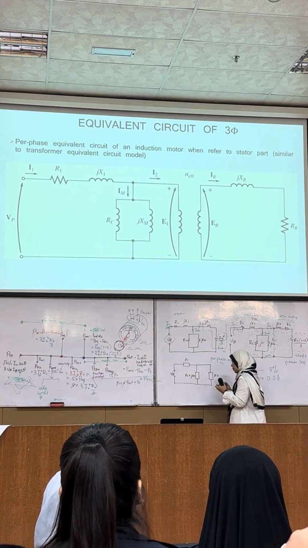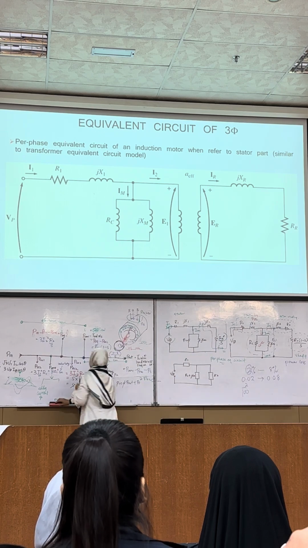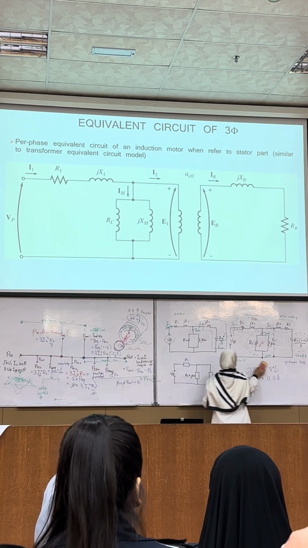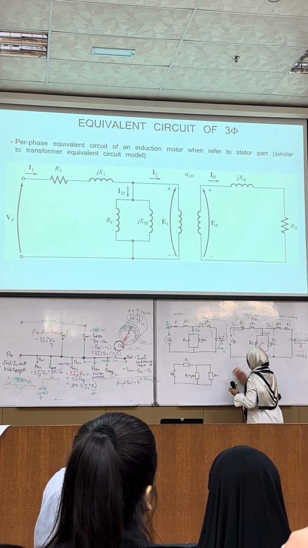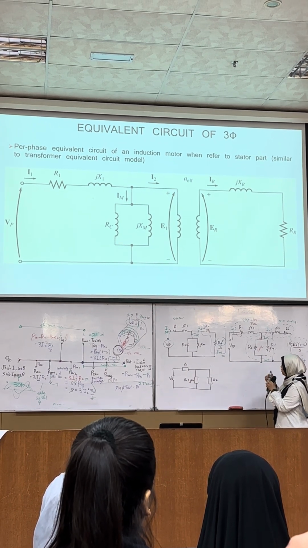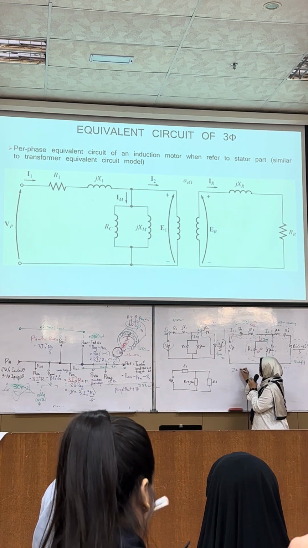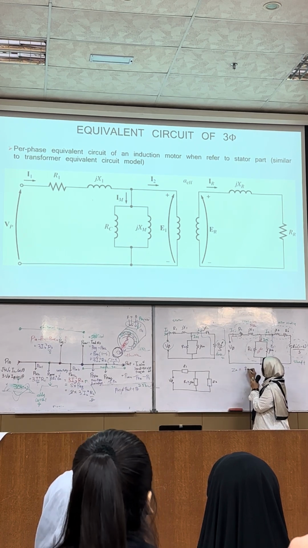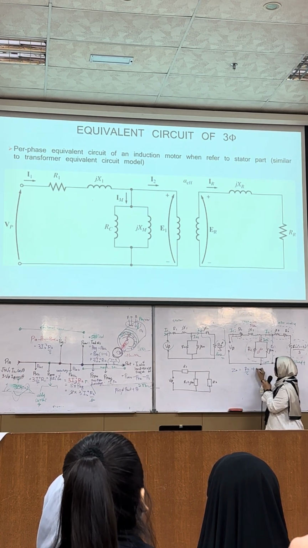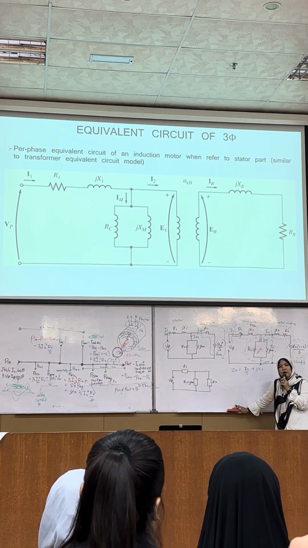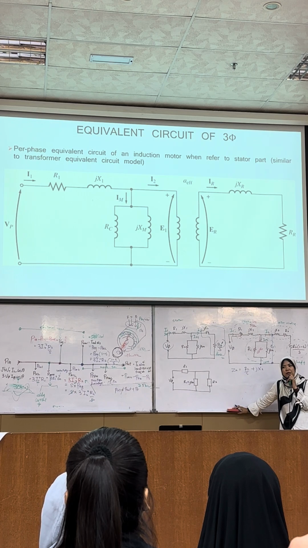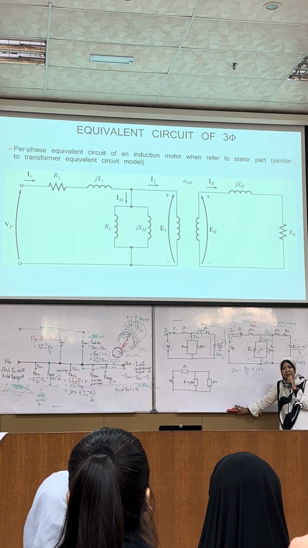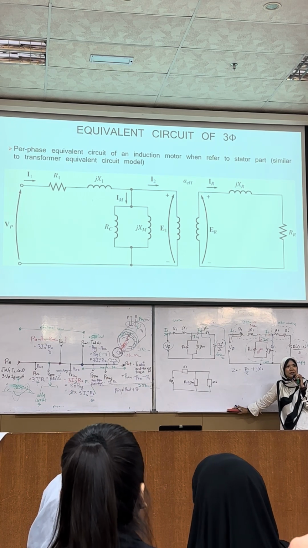Okay. So your rotor impedance is Z2 equals R2 over S plus JX2. Okay, for this exercise or this equation, you must be very much expert in your calculator.